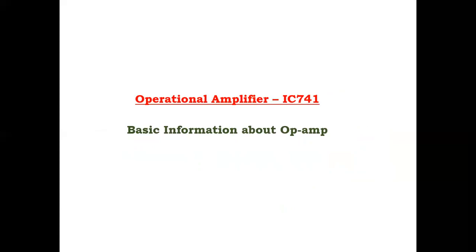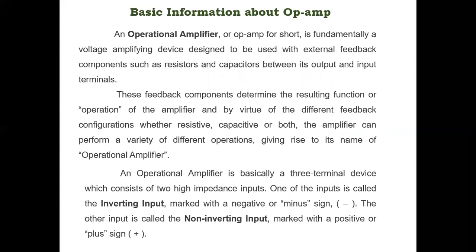Now we are going to the main content of unit number 1, the operational amplifier IC 741. Simply we can call it the op amp. Now we are going to see the basic information about the op amp. The operational amplifier, or op amp in short, is fundamentally a voltage amplifying device designed to be used with external feedback components such as resistors and capacitors between its output and input terminals.